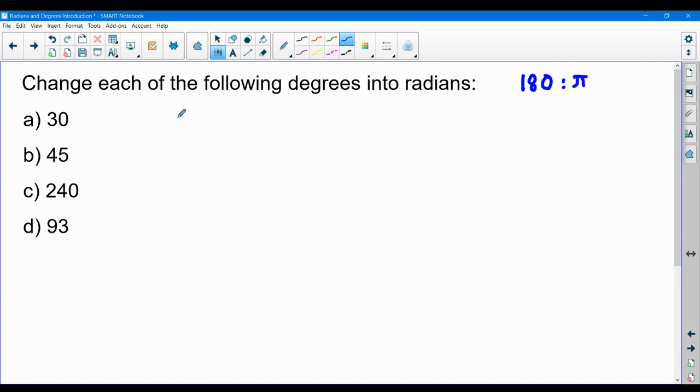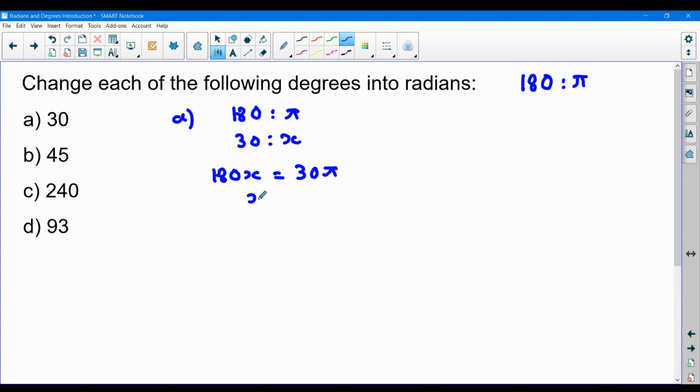So for 30 degrees, we're going to start off with that ratio table, 180 and pi. We're going to put 30 under here, and we're going to work out what we don't know at the moment. This is radians. So my radians are on the right and my degrees are on the left. I can do 180 times x, and it equals 30 times pi.